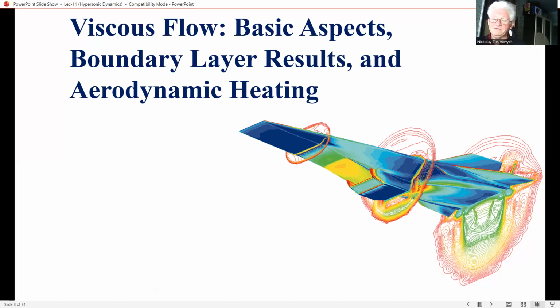What physical phenomena determine the skin friction drag and aerodynamic heating of hypersonic vehicles? We will find out here the answer to this question. How can we calculate the skin friction drag and aerodynamic heating of hypersonic vehicles?